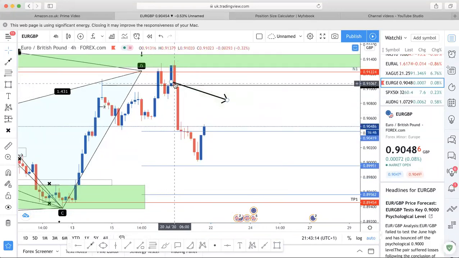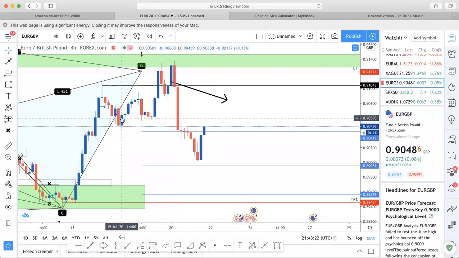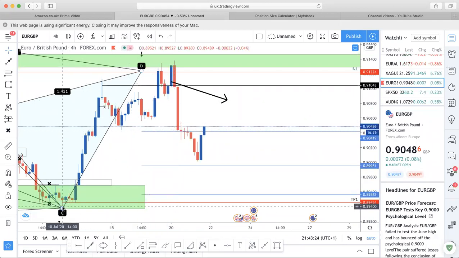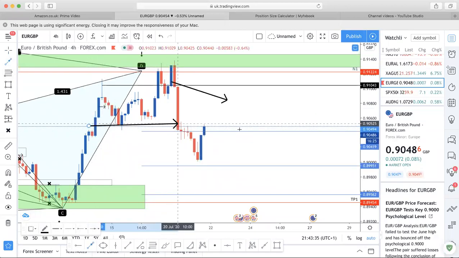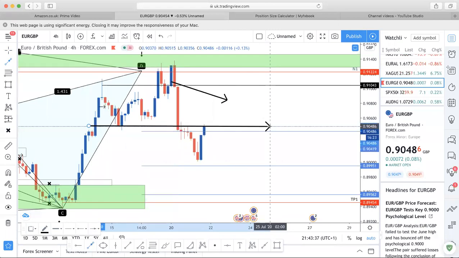And one more thing I am going to tell you, after you have identified your institutional candlestick, the imbalance, the next thing that you need to take the trade is a break of market structure. So this is a low, a high, a lower high, a higher high, a low. So we broke this market structure right here, confirming that now the trend has changed to the downside.